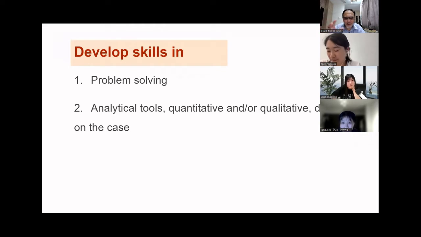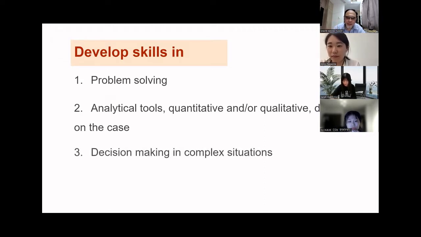Especially earnings, benefits, number of hours, then only we can use that as our analysis. Analysis may require some quantitative work, and you are going to develop decision making skills in complex situations.